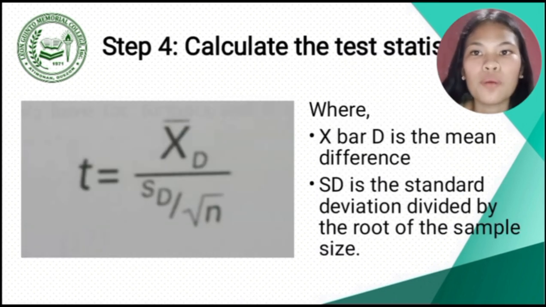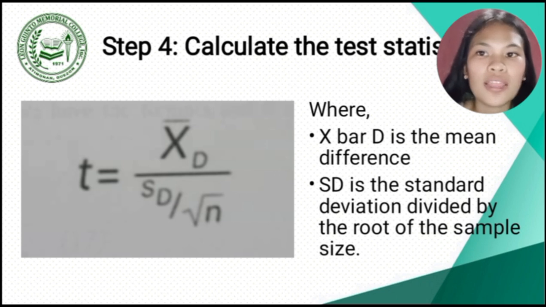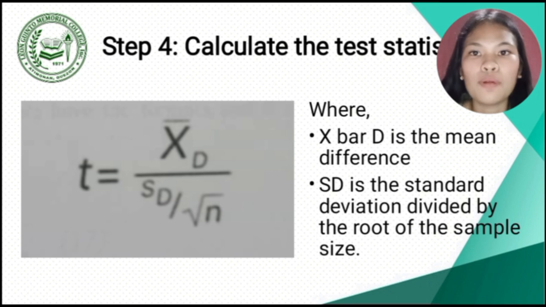Step 4. Calculate the test statistic. The formula for calculating the t is on your screen. T is equal to x bar d over sd divided by the root of the sample size, where x bar d is the mean of the differences and sd is the standard deviation.